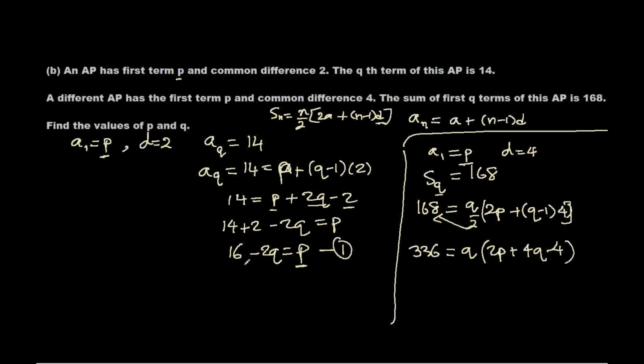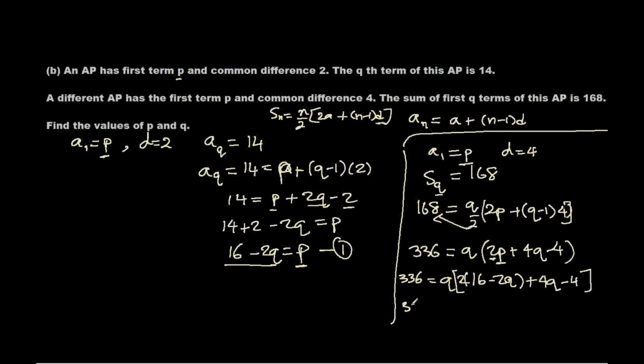Okay, can we do some? Yes, p is in terms of q: 16 minus 2q. So in place of this p, we will write 16 minus 2q, and that was good. It will be easy for us to substitute. So q, it will be 16 minus 2q. No, we have to write this 2 also. So let's put it here, 2. 16 minus 2q, plus 4q minus 4.